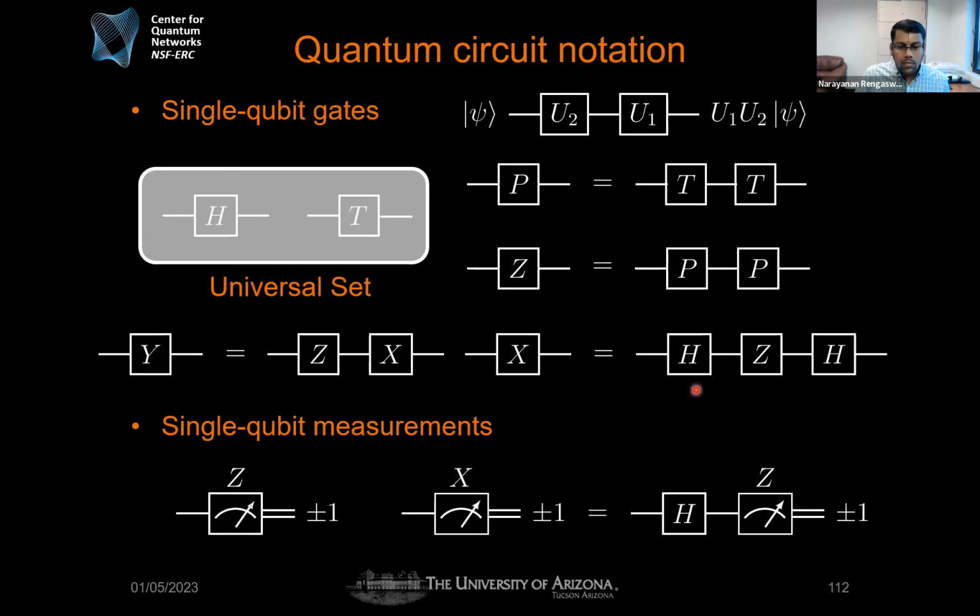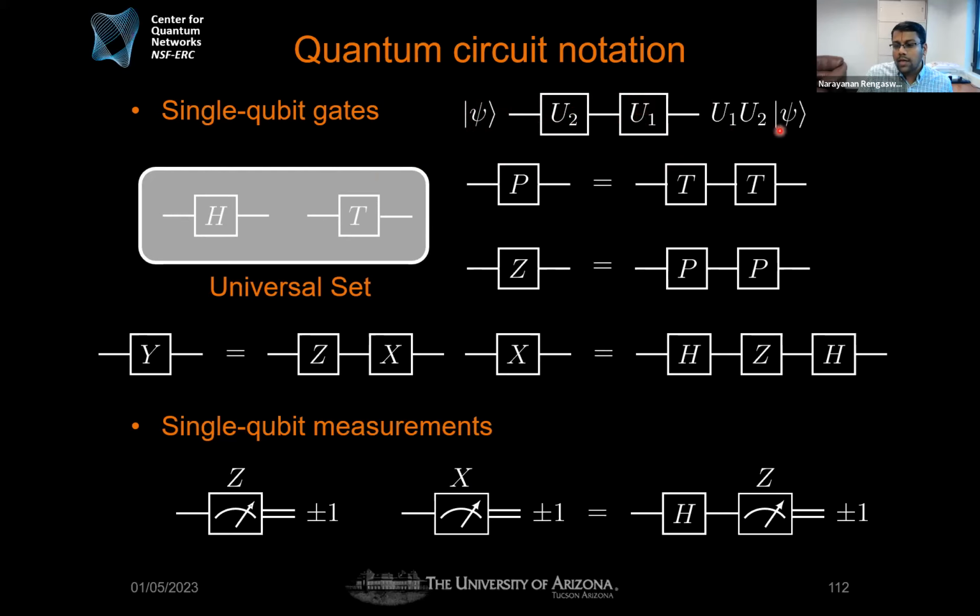Okay, so let's wrap this up with the circuit notation that we will use conveniently later on. For single qubit gates, we always write circuits where time goes from left to right. The input state is on the left, say psi, and then the first operation is say unitary U2, and then the second operation is unitary U1.